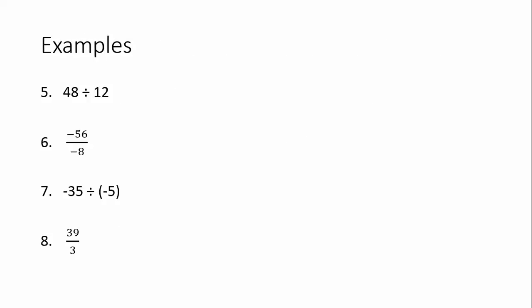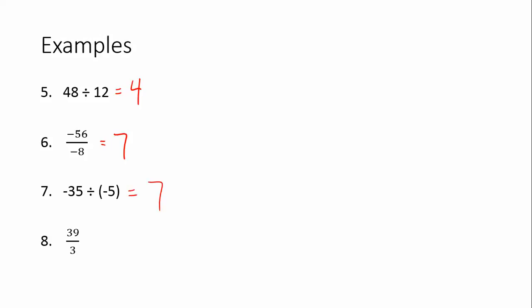So here are some more examples. 48 divided by 12, hopefully you know your multiplication facts through 12, and that's positive 4. Negative 56 divided by negative 8 is 7, positive 7. Negative 35 divided by negative 5 is also positive 7.